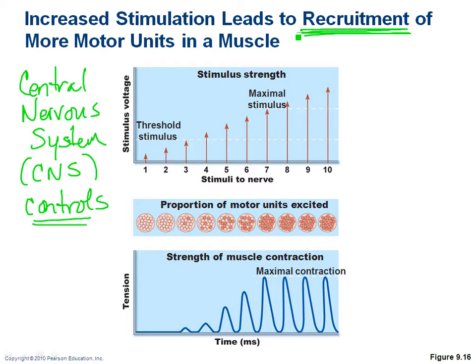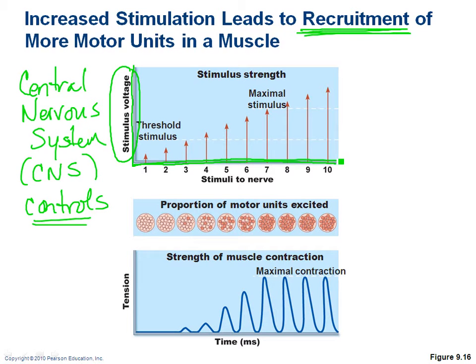Let's see what we mean by that. We've got a series of 3 little diagrams here on this slide. The first little graph is showing a stimulus voltage, and these little arrows down here indicate a stimulus being applied to the motor neuron that controls particular motor units within a muscle.